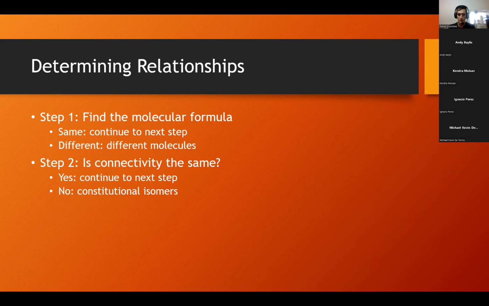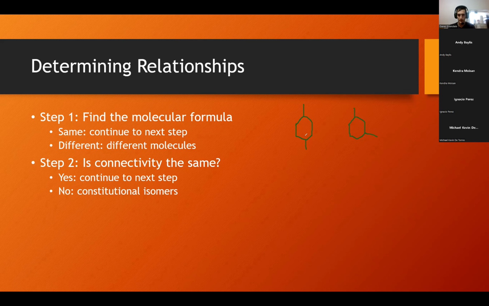If they're the same, you're going to ask, is the connectivity the same? If I have this structure, and also this structure, they're going to be constitutional isomers because the connectivity is different.